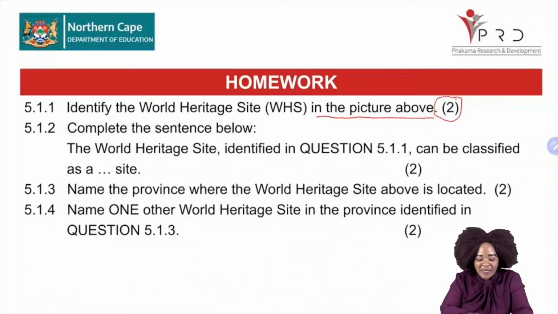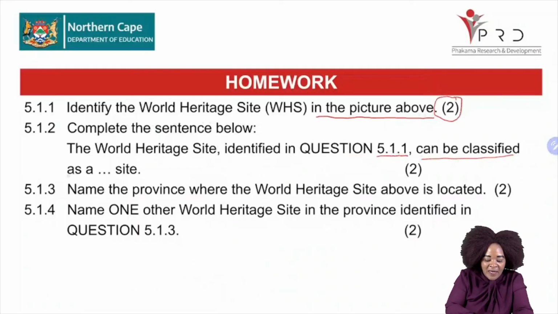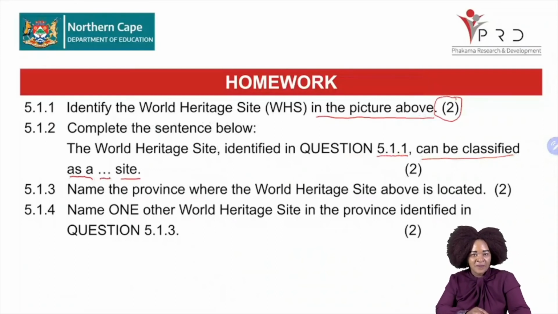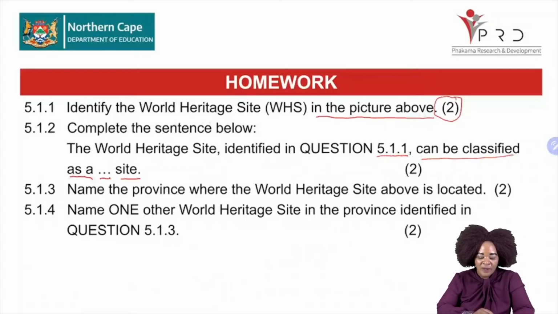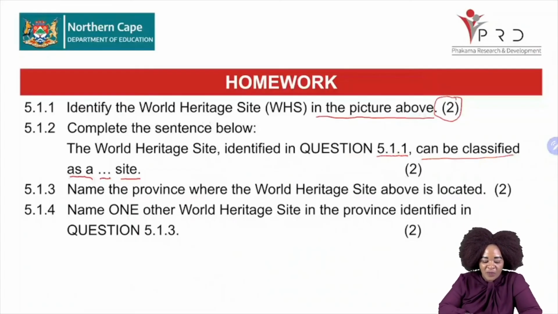The World Heritage Site identified in 5.1.1 can be classified as a dash site. Remember, we have spoken about cultural, natural, and also mixed. So this one, you can tell me from those 3 options, what is the correct answer.